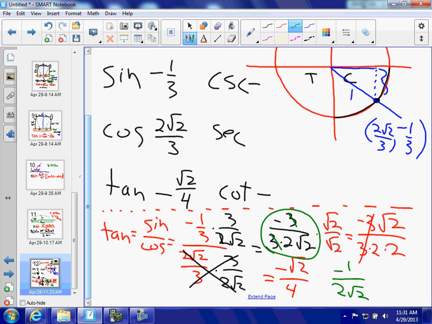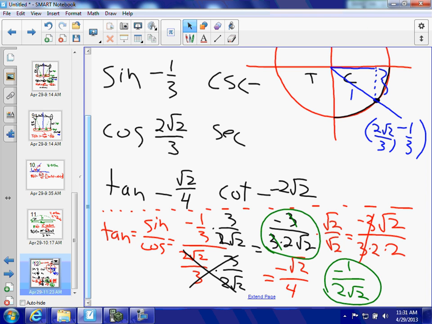It's going to be easy to find my cotangent because my cotangent is just the reciprocal of this number here. And I don't need to rationalize the denominator, because if it's the reciprocal, my cotangent is negative 2 radical 2, which would be over 1, but it's just negative 2 radical 2.